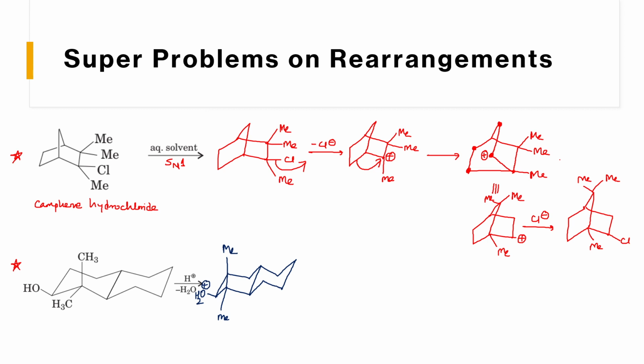Now the moment oxygen gets a positive charge on itself, what happens is that oxygen will leave the molecule, and the moment it leaves the molecule, यहाँ से ये bond इधर move करता है और ये बाहर निकल जाता है. So 1 2. इसके कारण you will end up getting something like this, और इस तरफ में एक 5 membered ring कुछ इस तरह का जनरेट हो जाएगा.